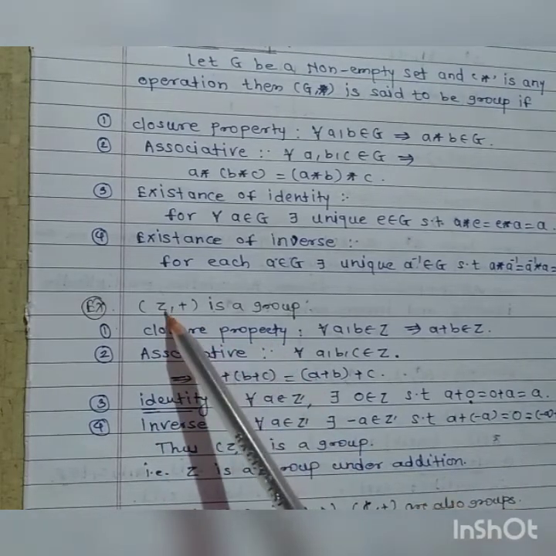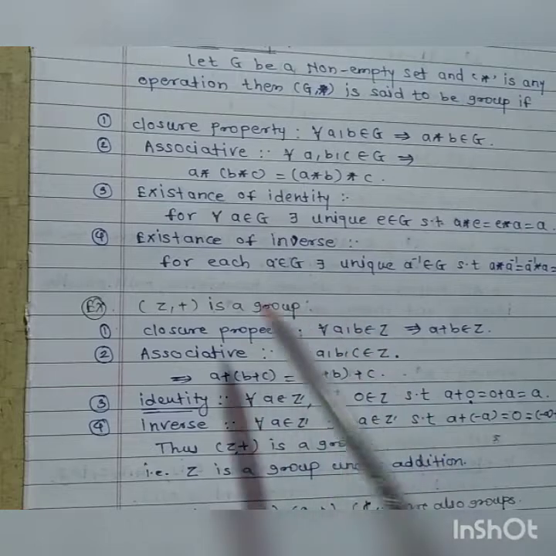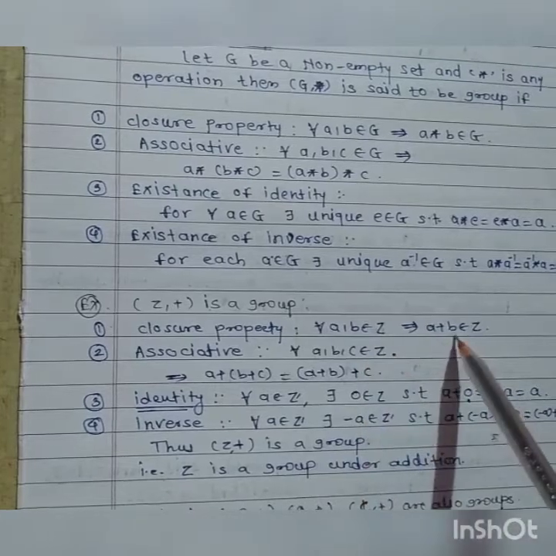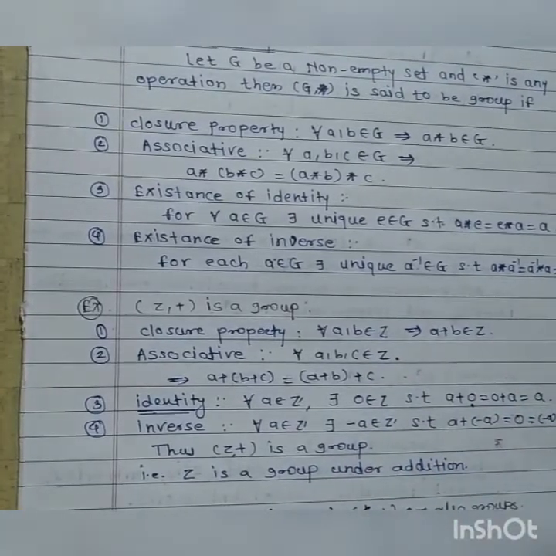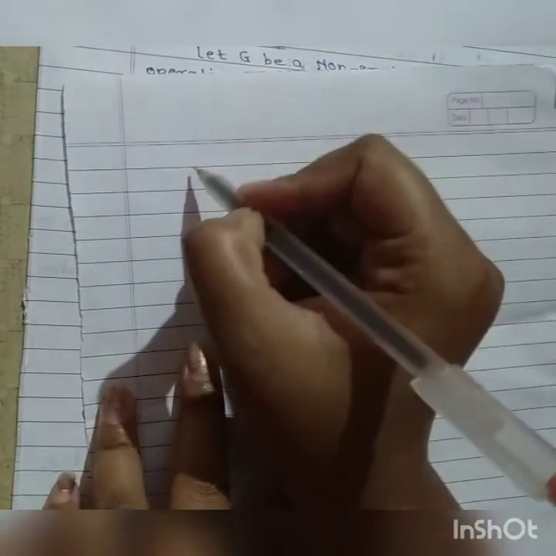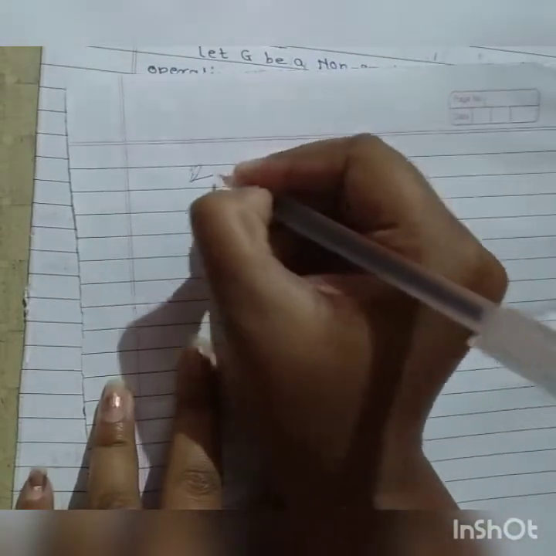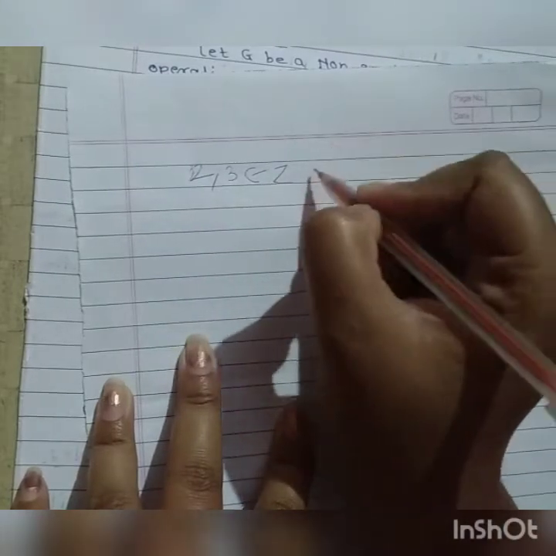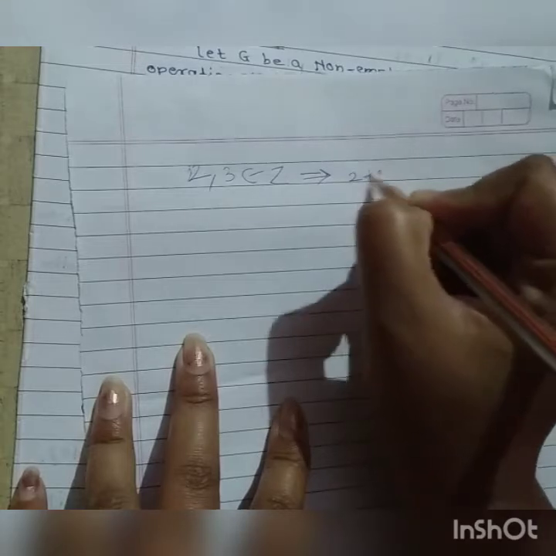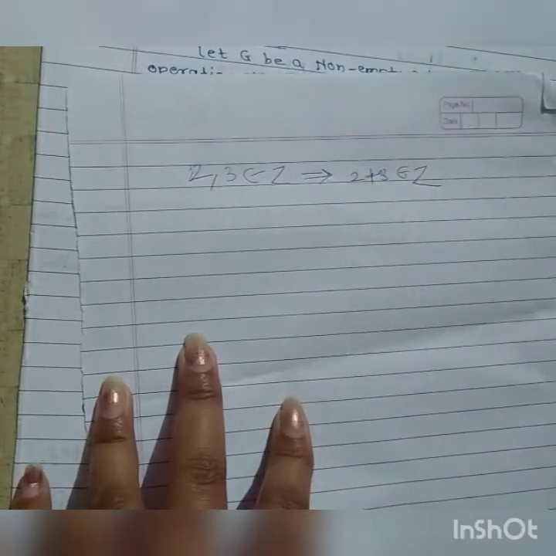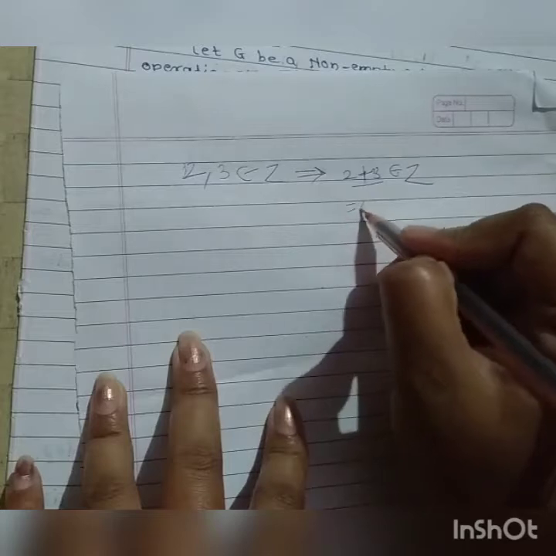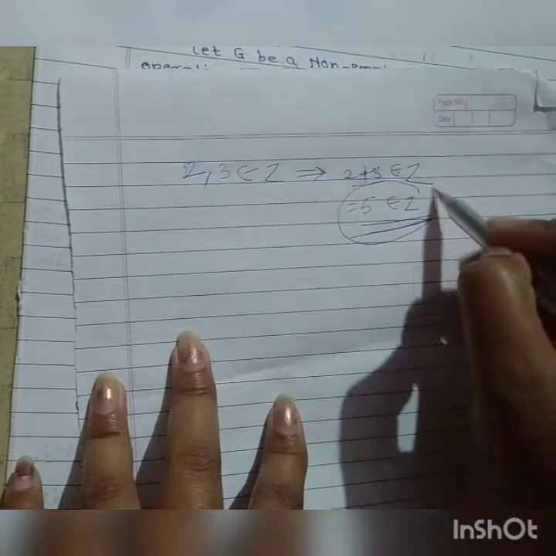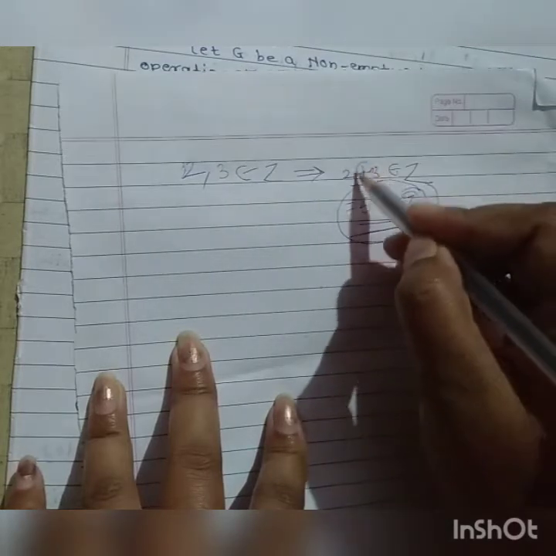If we take any two elements of the group Z, here we consider a and b under that binary operation, here the binary operation is plus. Therefore, for all a, b belongs to Z, a plus b belongs to Z. For example, if we consider two elements 2 and 3 belonging to Z, this implies 2 plus 3 belongs to Z. Here 2 plus 3 is equal to 5, which belongs to Z. This implies Z is closed under the binary operation addition.